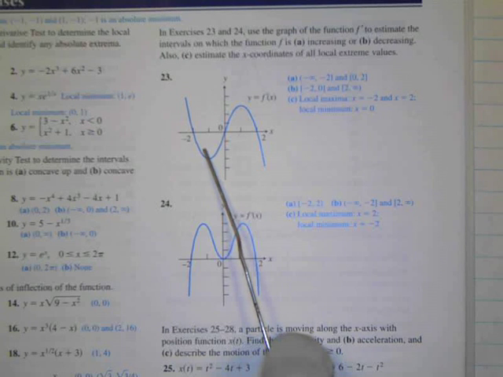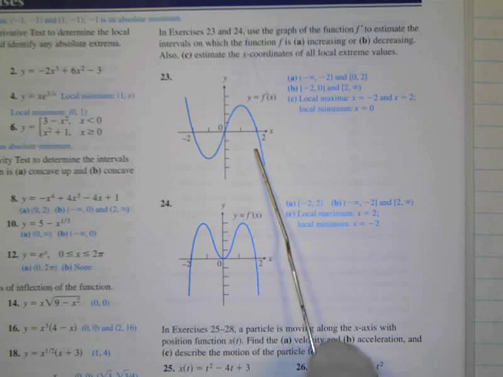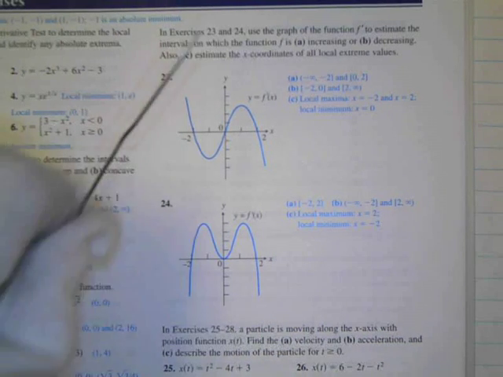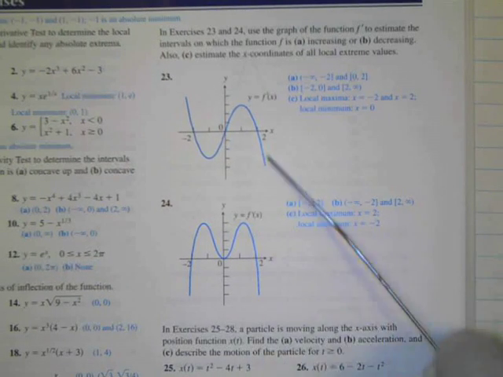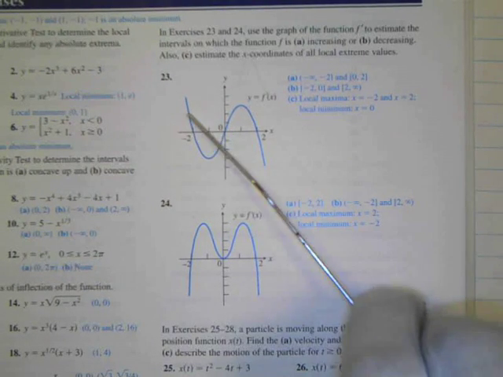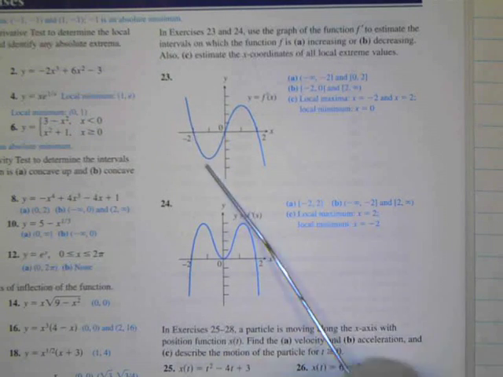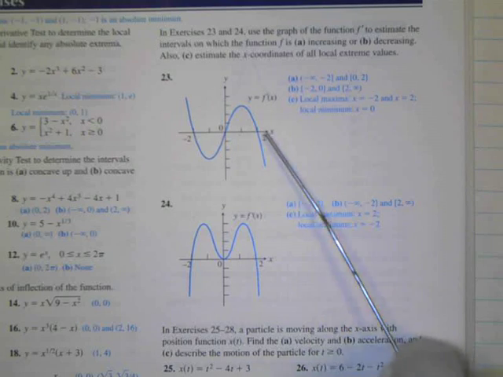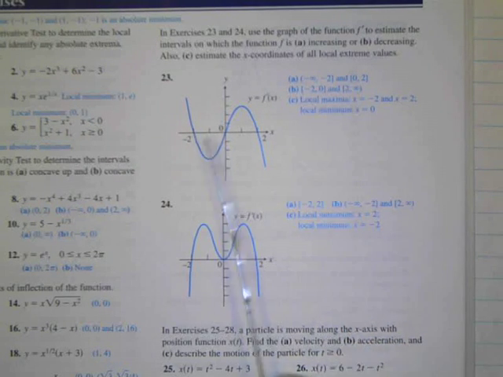Okay? And also, at x equals 2, I'm going from positive to negative. So your slope is going from positive to negative, so it looks like this. It looks a little funny because you're looking at the line, but this means a positive slope, this means a negative slope. So I've got relative maximums at x equals 2.